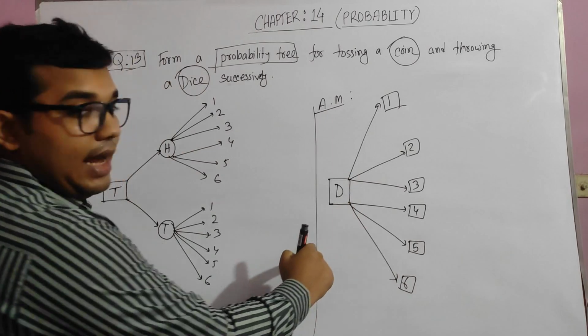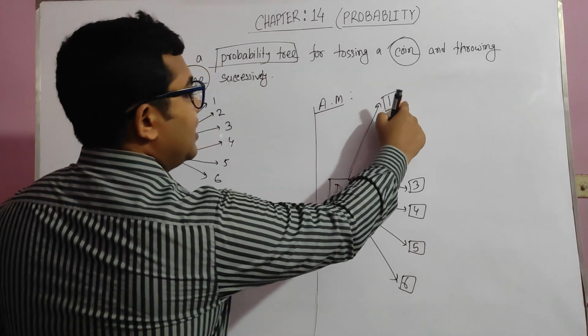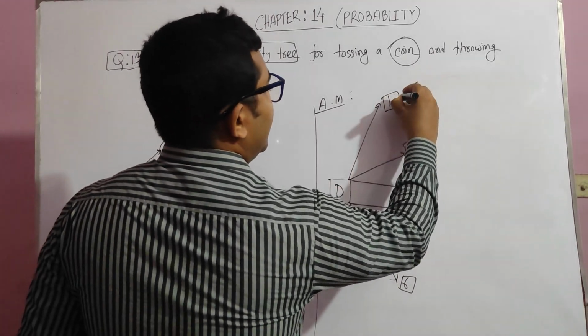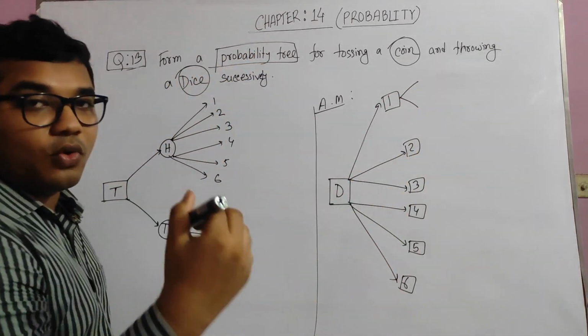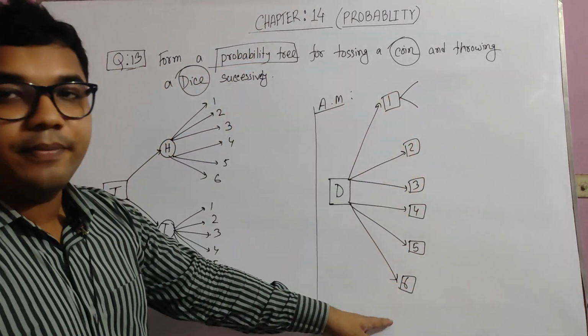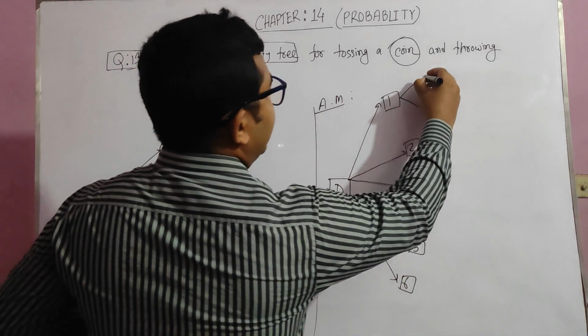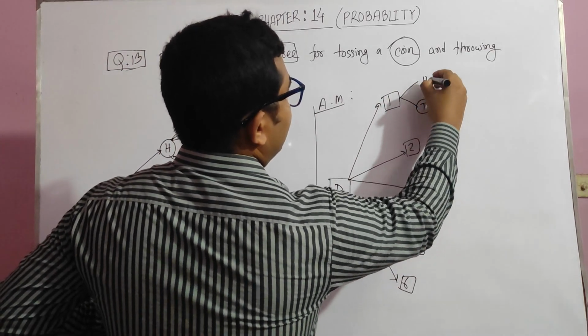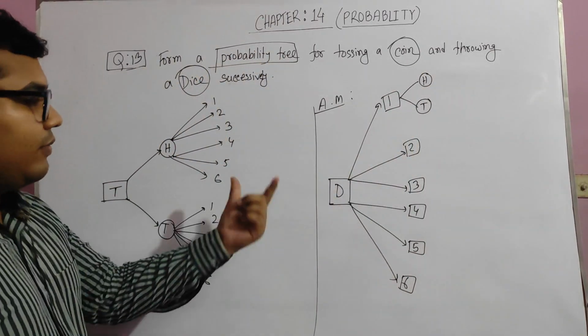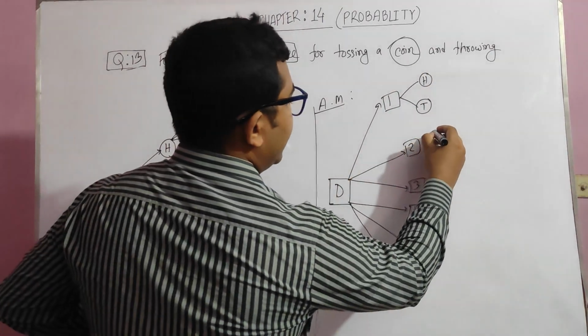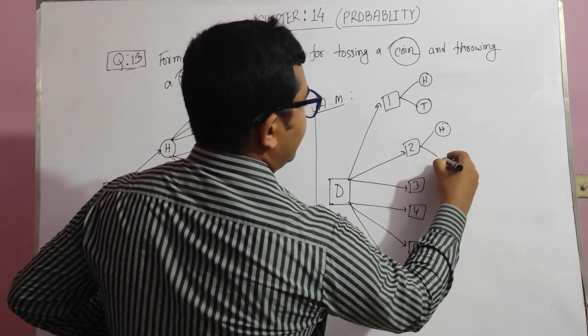And for getting 1 on the dice, there are 2 possible events from the coin, because here is the event for the dice, but we also have to flip a coin. In the case of the coin, we get head and tail after getting 1 from the dice. Similarly, at 2 we also get head and tail.